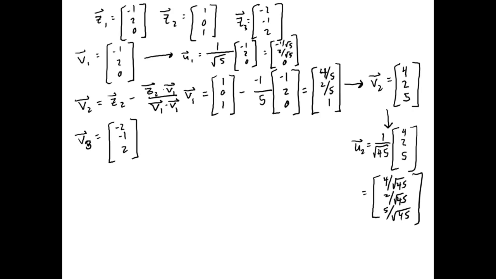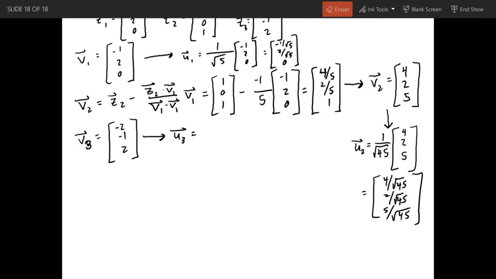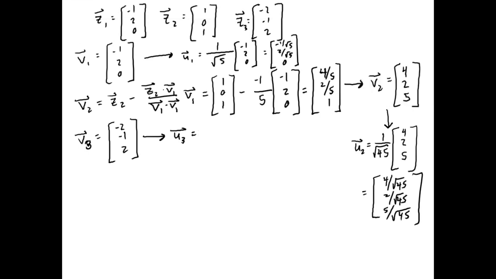And this one over here, u3. I need to divide there. So it's going to be 1 over the square root of 4 plus 1 plus 4, which is 9. So actually it's just 1/3. That's nice. No radicals this time. So I'm getting negative 2/3, negative 1/3, and 2/3.